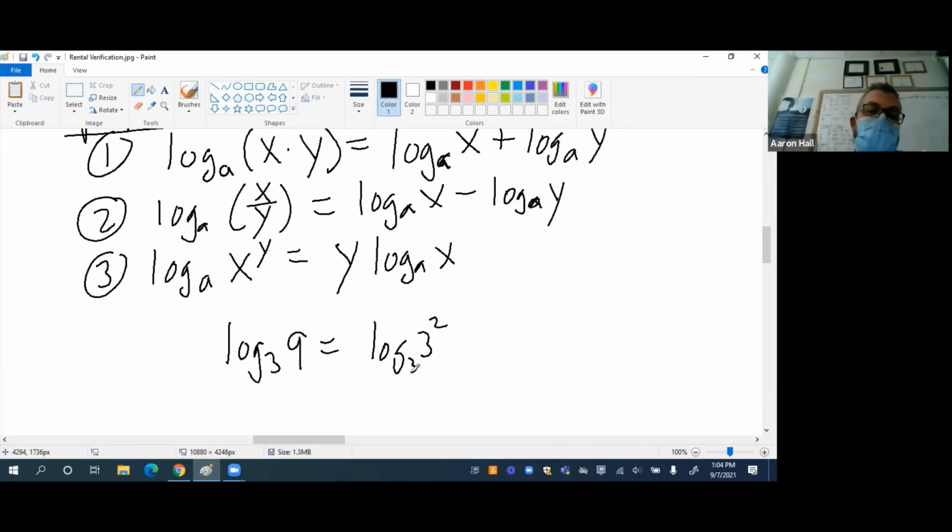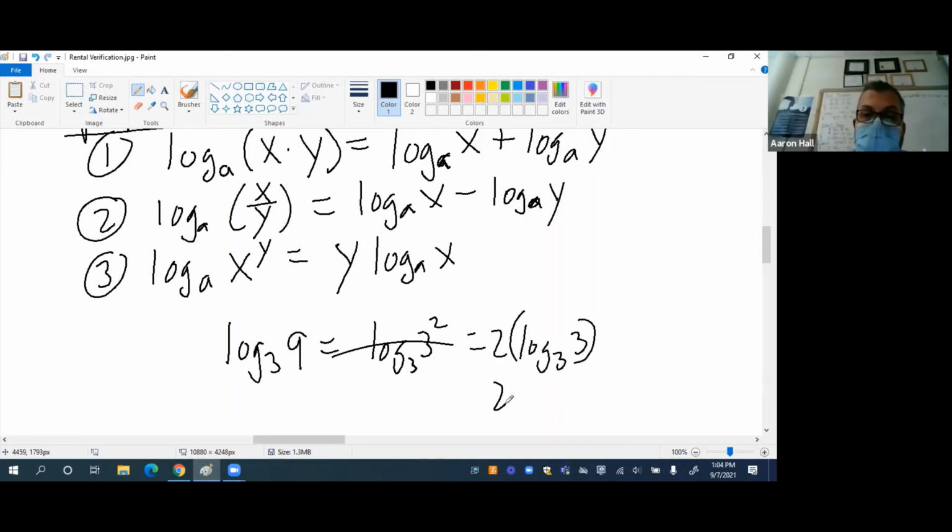We rewrite this as 2 times log base 3 of 3, using this law where we move the exponent to the front.